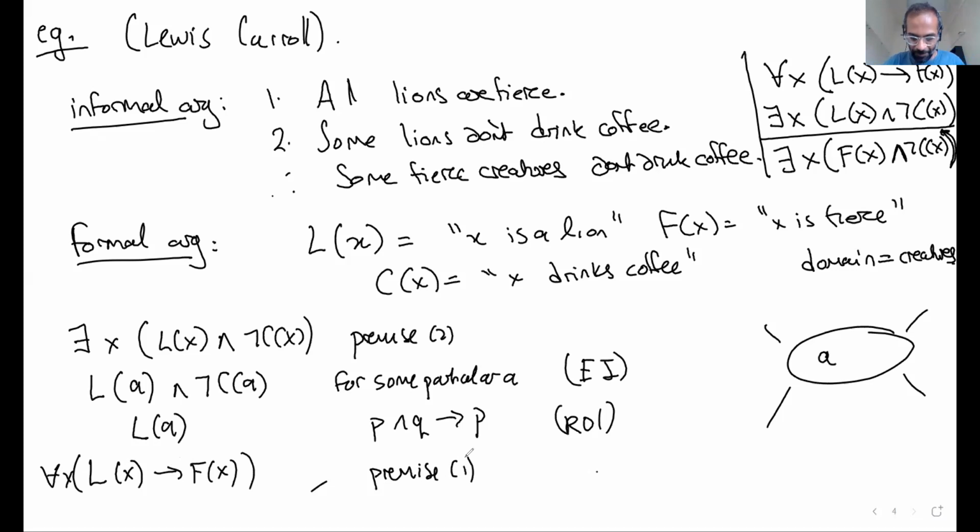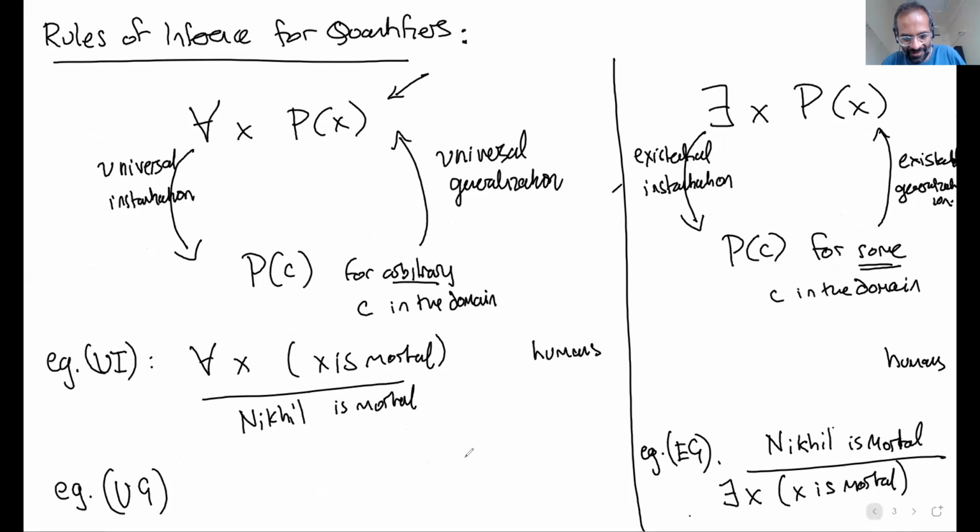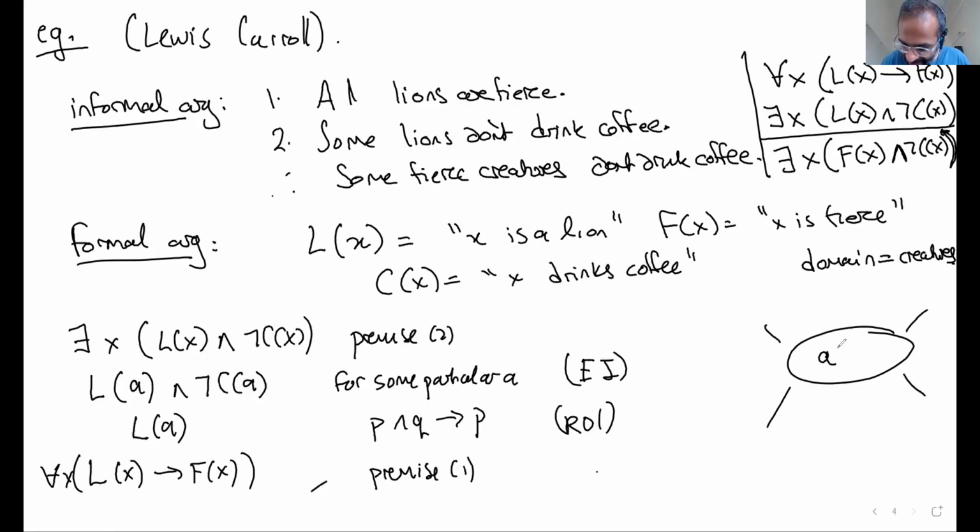But now, remember, universal instantiation means I can apply it to any element of the domain. So in particular, I can apply it to this lion A that's sitting on the table. So this implies L of A implies F of A. This is universal instantiation, for the A that I have on the table.